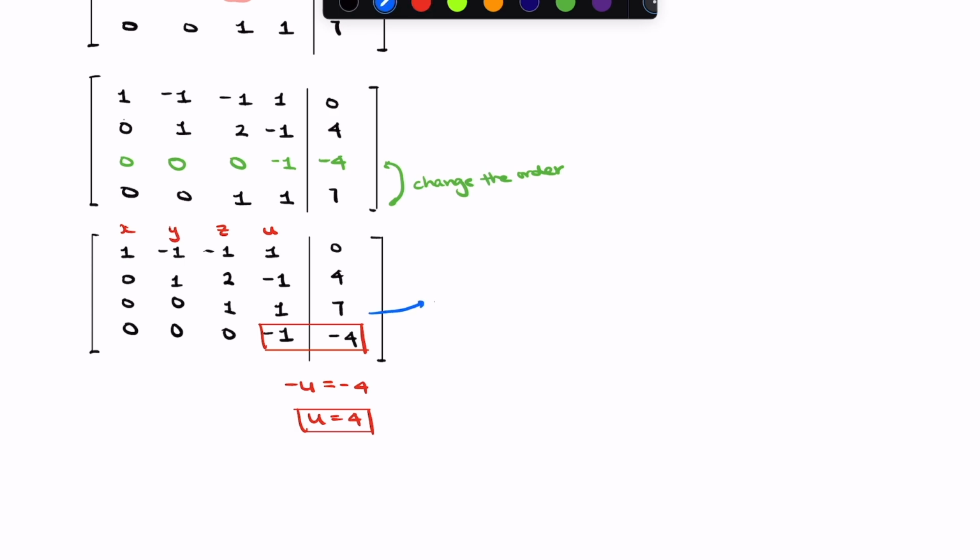Again, that's z plus our u value, so z plus 4 is equal to 7. So here z is equal to 3. Then we can put that into our row 2 equation, which is y plus 2 times z, which is 2 times 3, minus u, which is minus 4, which is equal to 4. So here y is equal to 2.